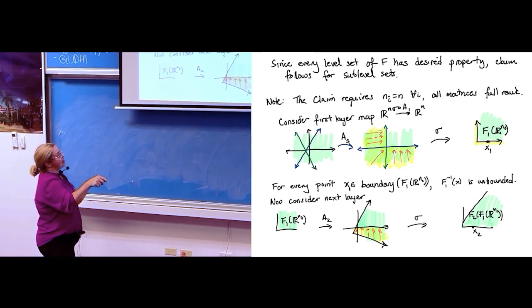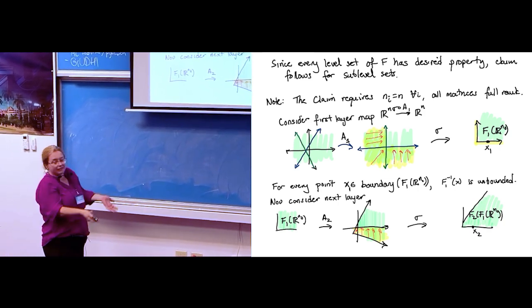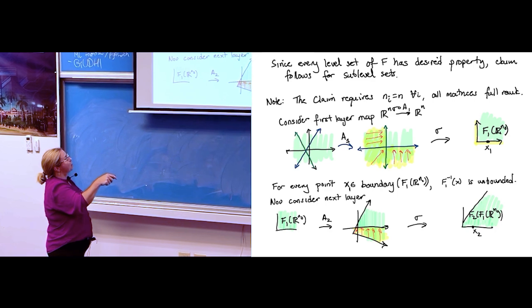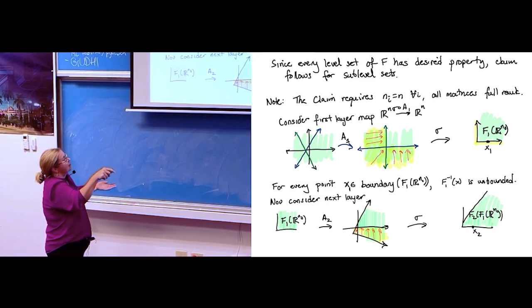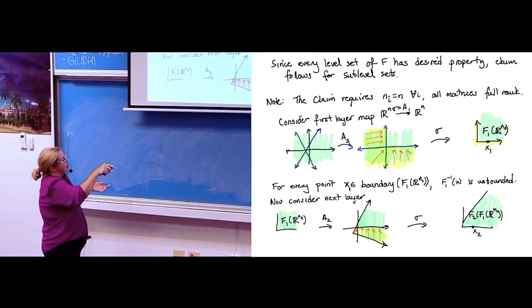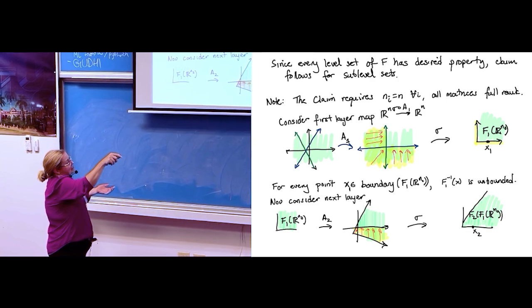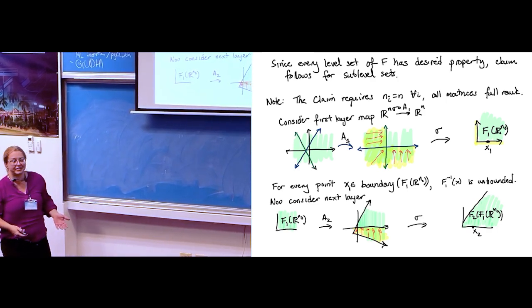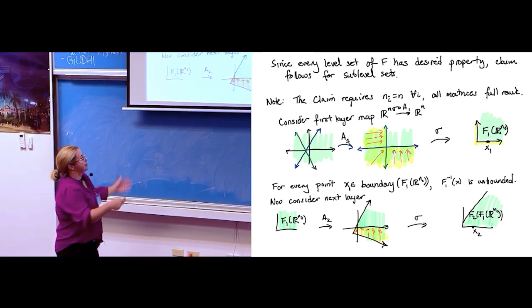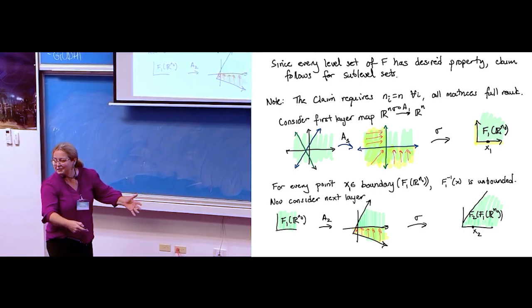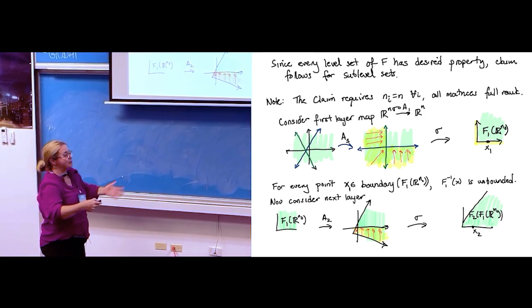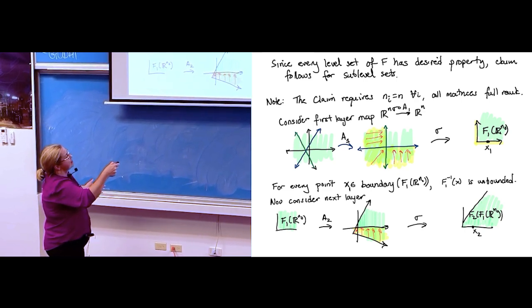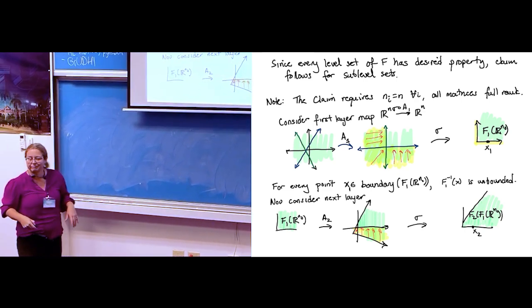The boundary is where stuff got collapsed, so what could have gotten collapsed onto it? Either it came from a point in the boundary of the previous layer, or it was a whole unbounded piece that got collapsed. And so inductively, you keep going, and in the end, you see that every point in the boundary has an unbounded preimage.